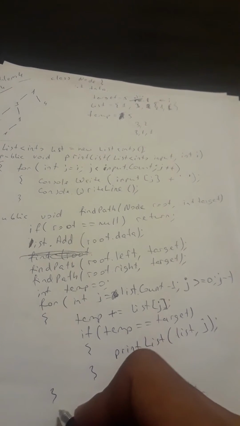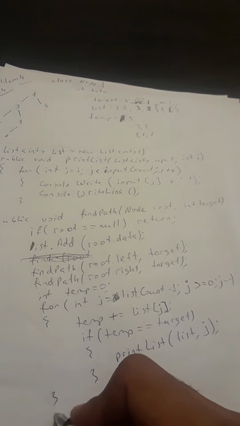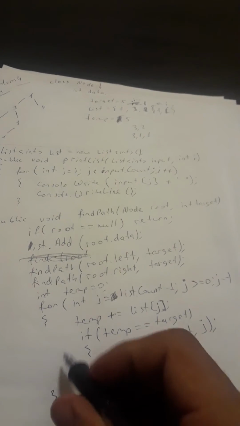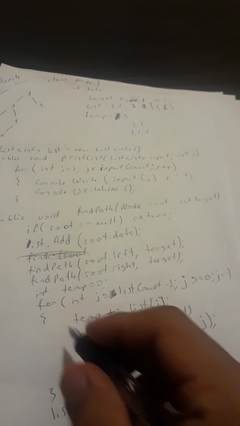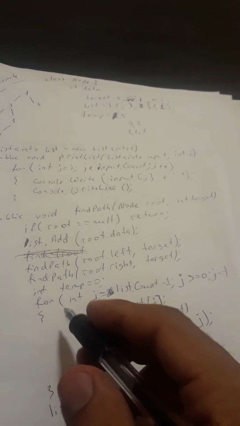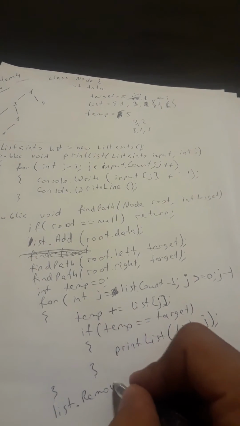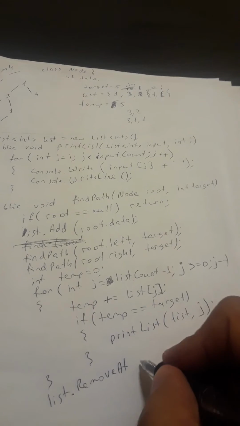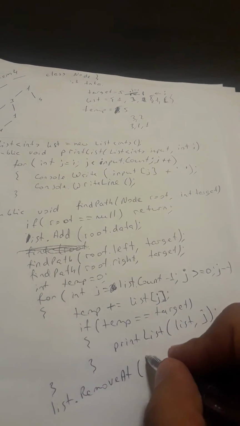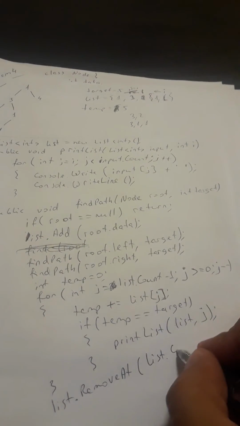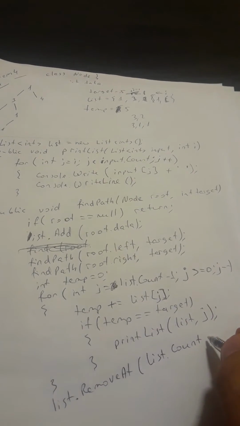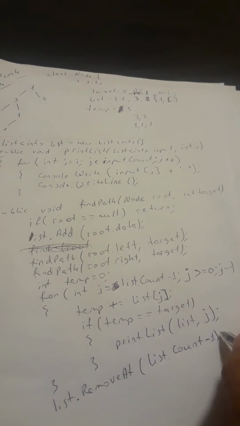And after my for loop is completed, I will remove the last element in the list. So that's it.